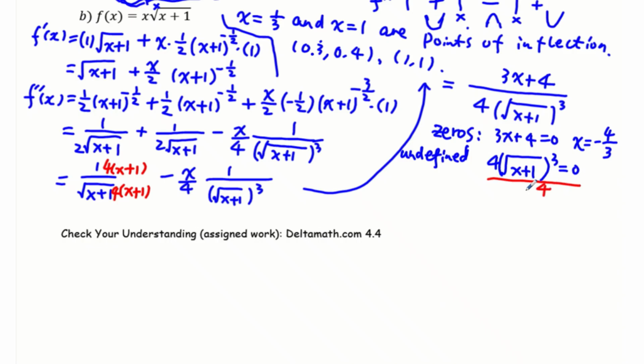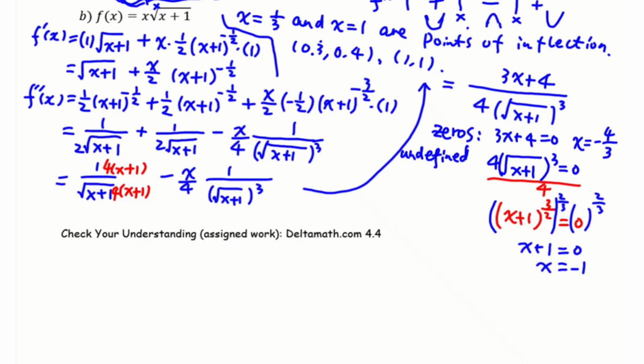Then we have (x plus 1) to the exponent 3 over 2 equals 0. Raise both sides to the 2 over 3 exponent. These two exponents multiply to give you 1, so x plus 1 equals 0. We have x equals negative 1. So we have these two possible points of inflection, or the maximum and minimum.